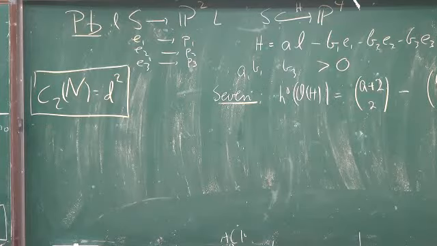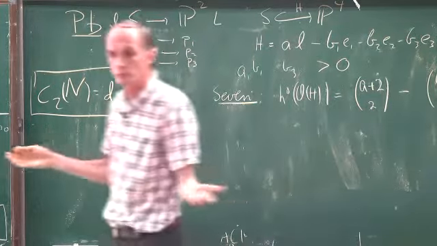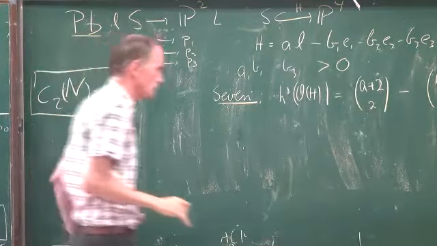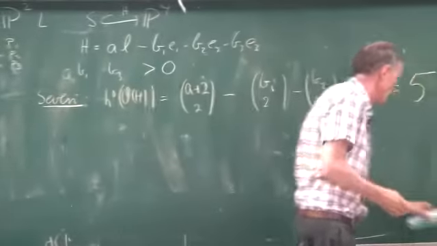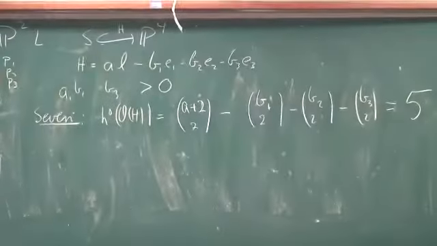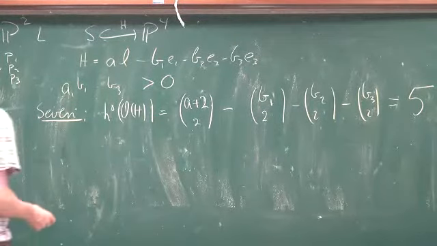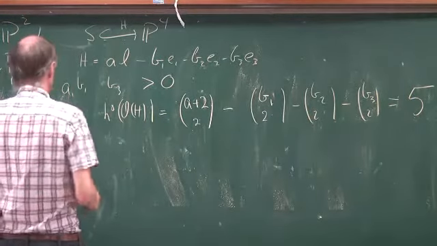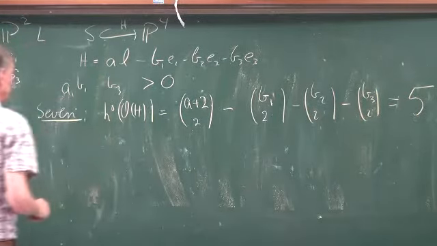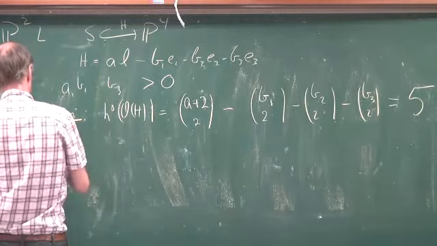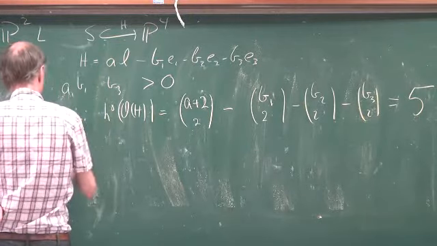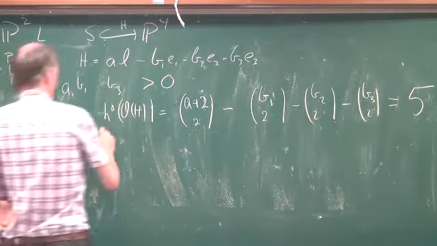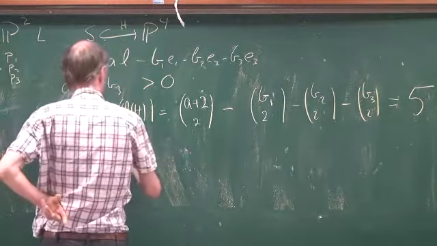So this is one relation. Start somewhere. What about the genus? The genus of this curve, we could also express that. So 2 pi minus 2 is equal to H times (H plus K).